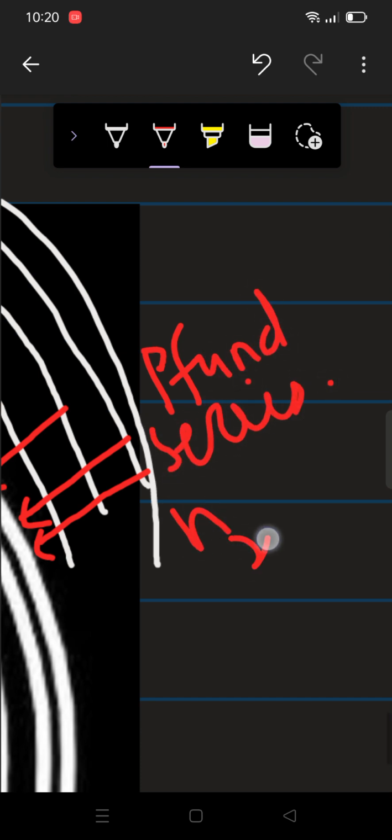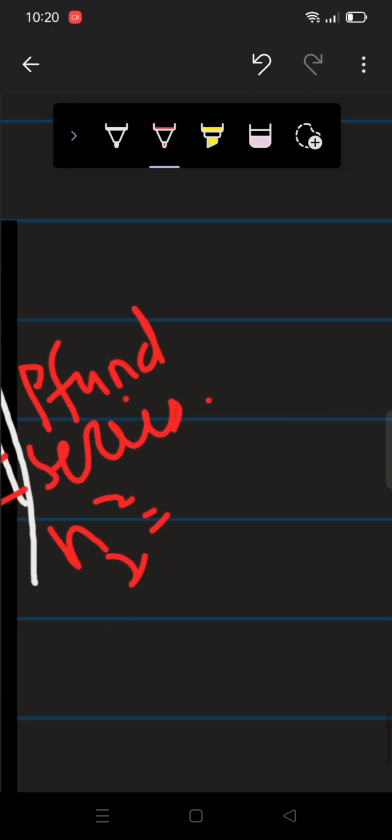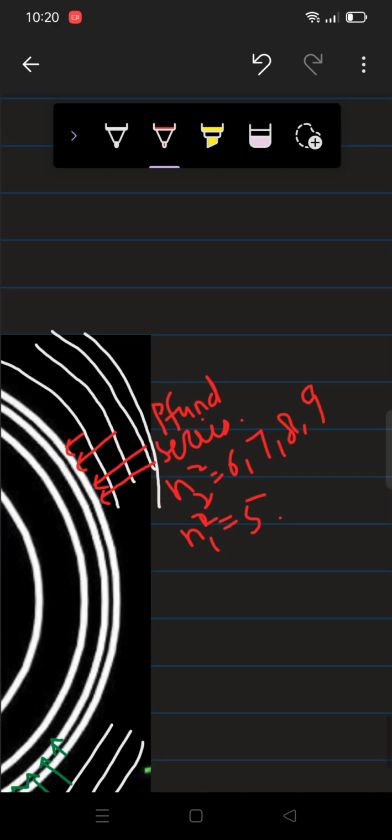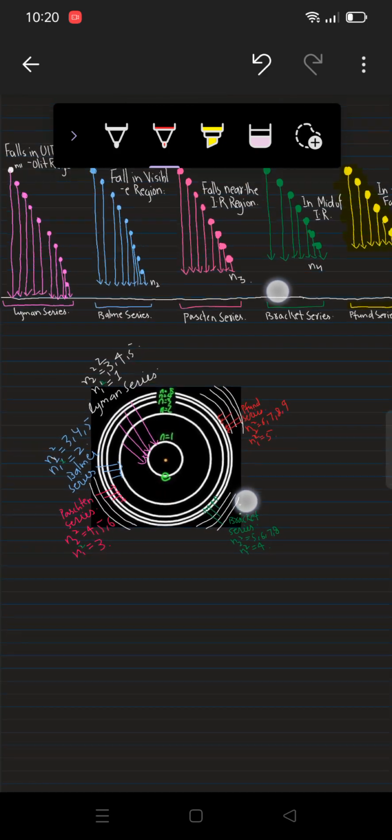Here n2 would be 6, 7, 8, and an electron can come from 9 as well. But n1 would always be 5, because the electron coming from anywhere falls on n5 in the Pfund series.